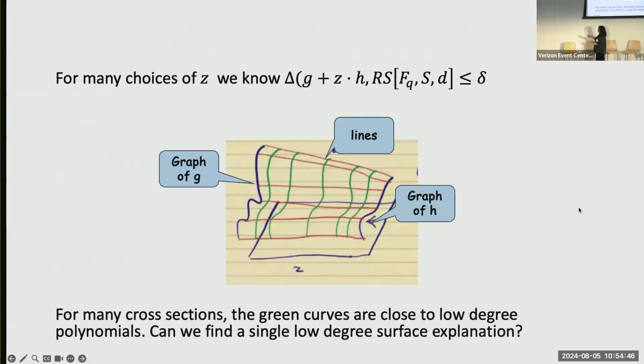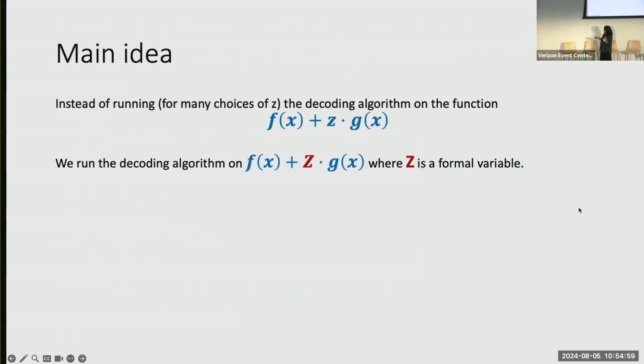So for many cross sections, the green curves are close to low degree polynomials. Can we get a single low degree surface explaining this object? And so the main idea that we use is, again, decoding algorithms for Reed-Solomon codes.